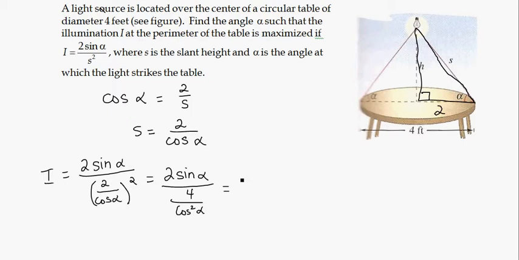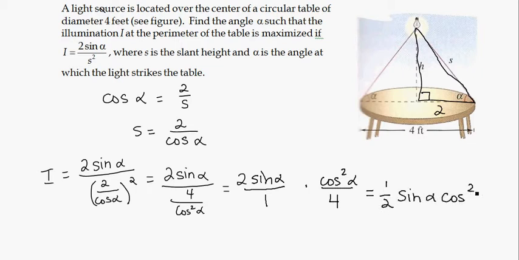Okay, so we're going to need to flip and multiply. So this is 2 sine of alpha over 1, and then instead of dividing by 4 over cosine squared alpha, we're going to multiply by cosine squared alpha over 4. So we get 2 over 4, or 1/2 sine of alpha times cosine squared of alpha.